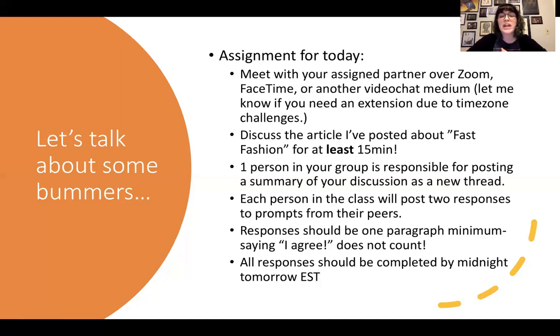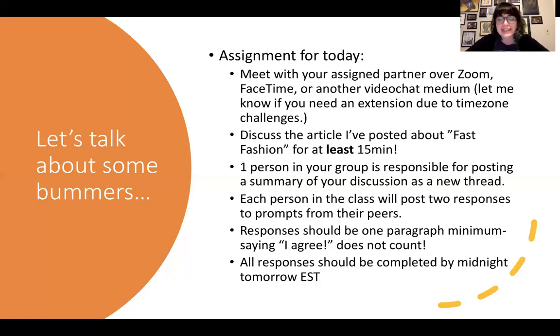discussion board. And so then once each group has done that, each person in the class, I would like you to respond to 2 of those prompts. So post your response to 2 separate summaries of people's discussions. These should be like real responses, right? So I don't want you just saying, I agree. That doesn't count.